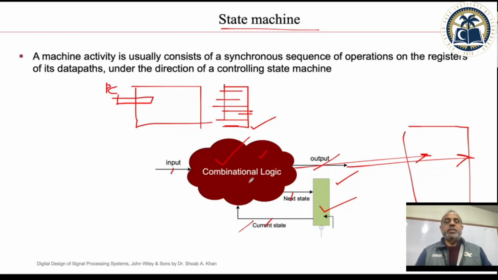So every state machine has these two parts. Interestingly, in a programmable computer like Pentium, this state register becomes the program counter register, and this combinational logic becomes your program memory, because it has precisely what your data path is going to do.